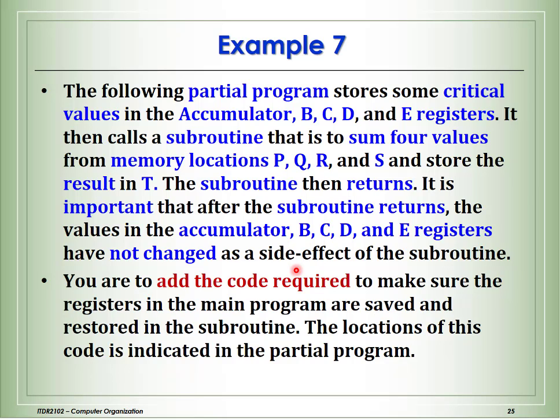So here what you need to know is that whenever the subroutine returns to the main program, the values should not be changed. Okay, so how can we do this? Now see the program first.